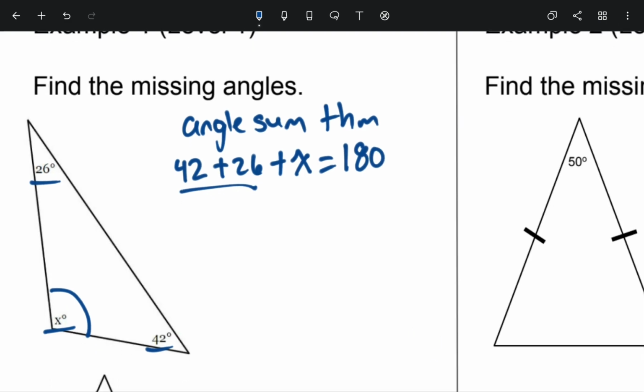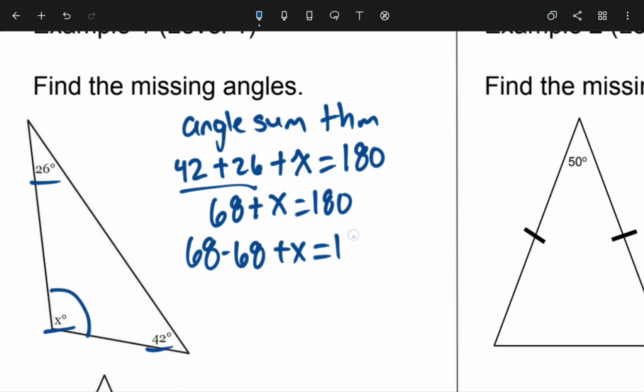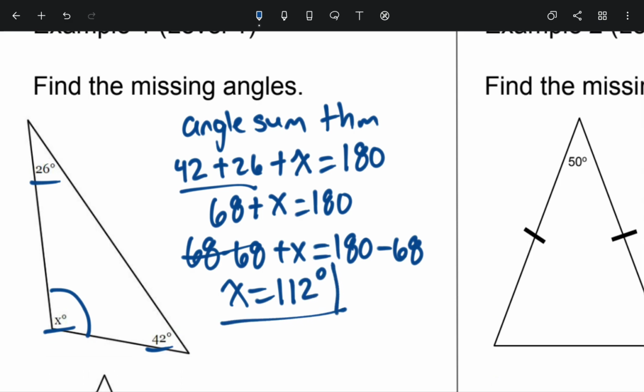Add 42 and 26 together to get 68 plus x equals 180. I'm going to subtract 68 from both sides to get x alone. And x is equal to 112 degrees. And you are done. So this happens to be an obtuse triangle.